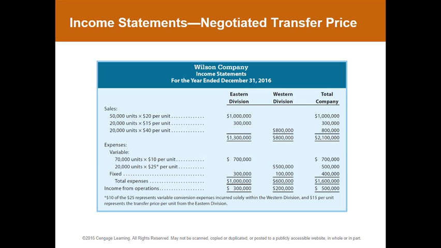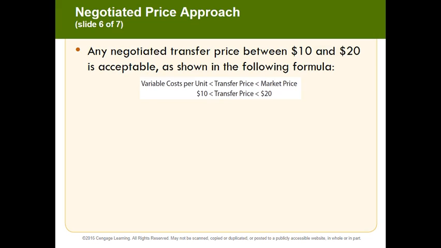So here is the income statement with negotiated transfer prices in it. Any negotiated transfer price between $10 and $20 is considered acceptable, as shown here, because they have a $10 variable cost per unit and a $20 market price.